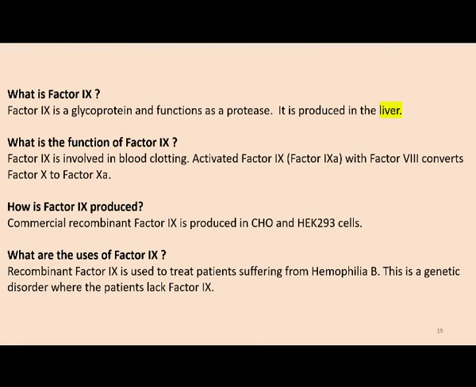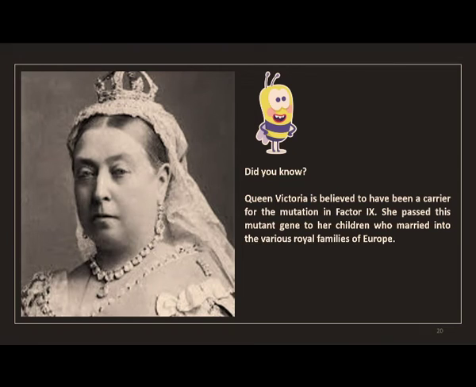Factor 9 is also produced in the liver, and commercially factor 9 is produced in CHO and HEK cells. Now, to come to some fun facts. So, the European royal families are known to harbor the mutations in factor 9, and therefore are known to have members of the royal family affected by the disease hemophilia A.